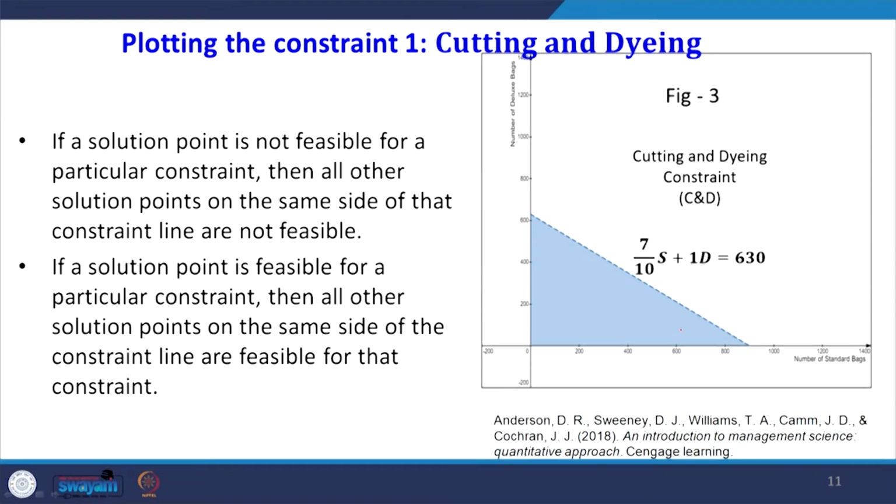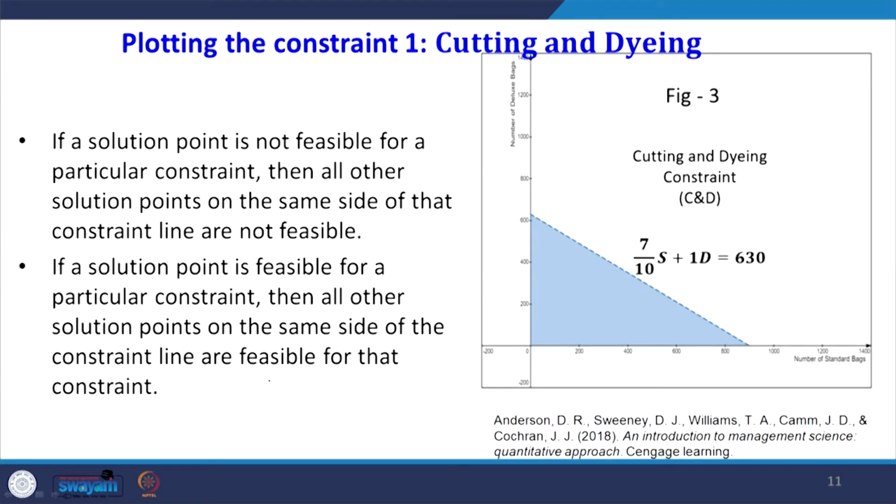If a solution point is not feasible for a particular constraint, then all other solution points on the same side of the constraint line are also not feasible. If the solution point is feasible for a particular constraint, then all other solution points on the same side of the constraint line are feasible for that constraint.